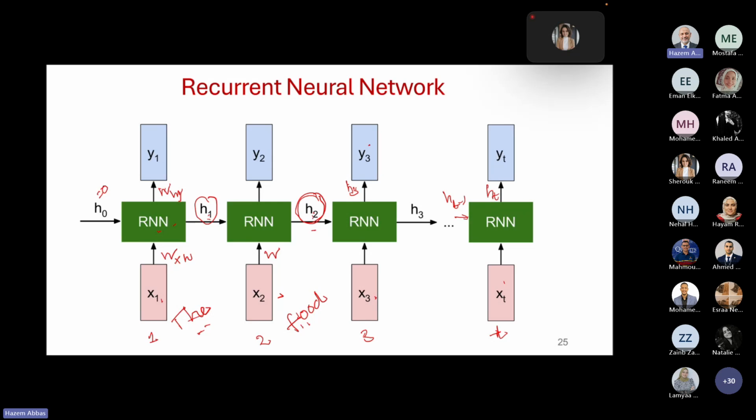When you enter the third word, "is", H3 uses "is" as an input and uses H2 also. H2 is representing "the food". So H3 will represent "the food is".